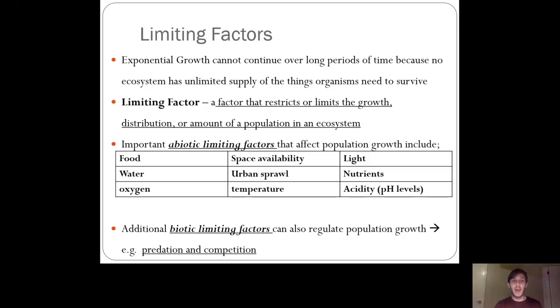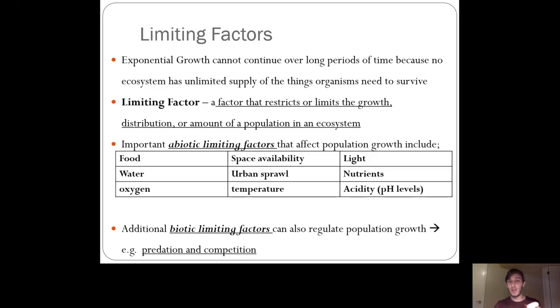Okay, so limiting factors are factors that restrict or limit growth, or the distribution or the amount of the population, and they have to do with resources that become unavailable. Okay, so if we look at the table on this slide, there are important abiotic limiting factors that affect the population.